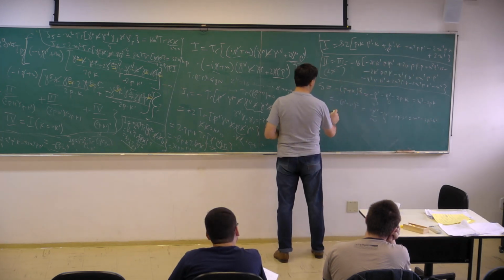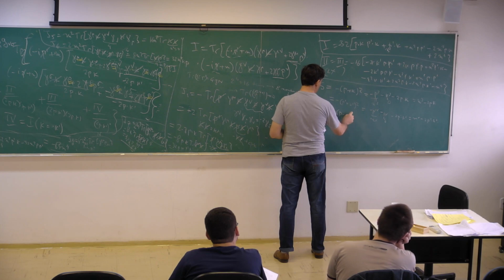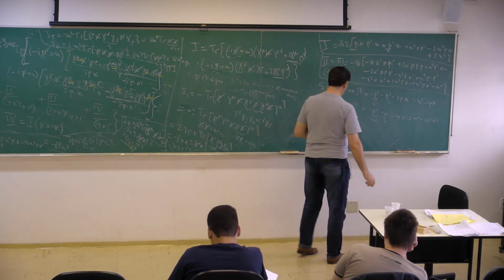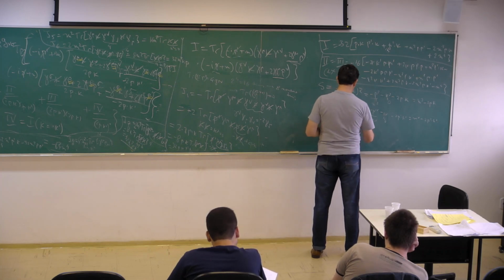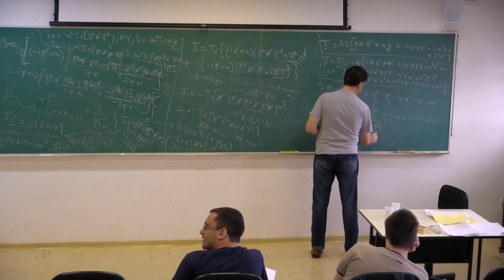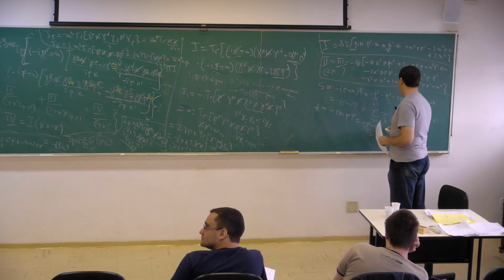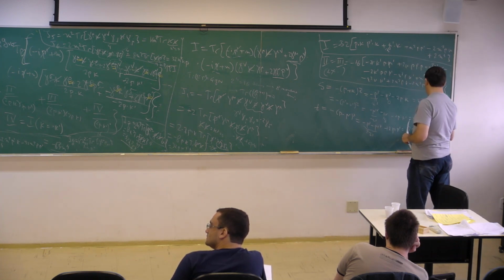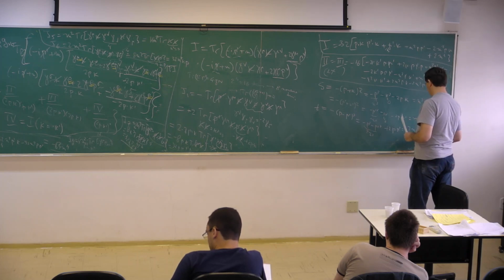Then t is minus (p minus p′) squared. This is momentum transfer. So this is equal to minus p squared minus p′ squared, which is 2m squared plus 2p·p′.